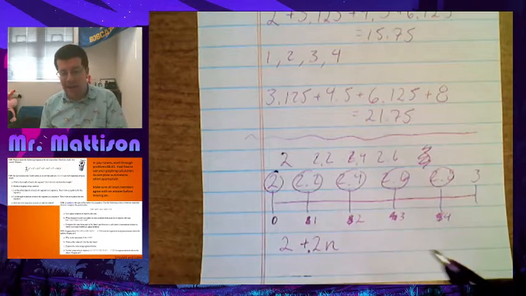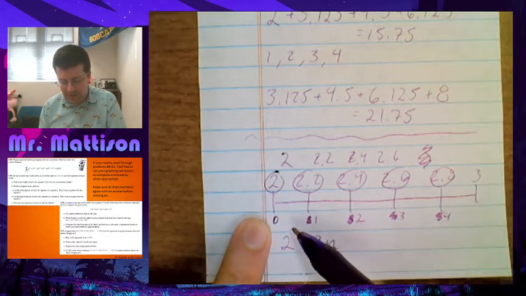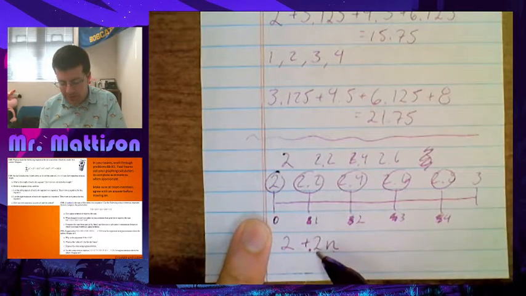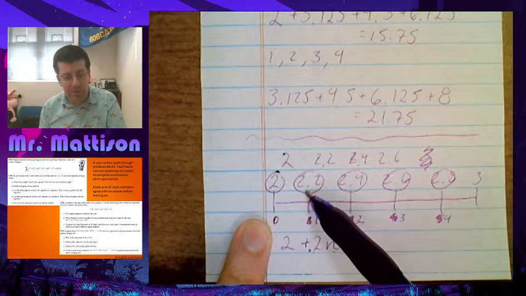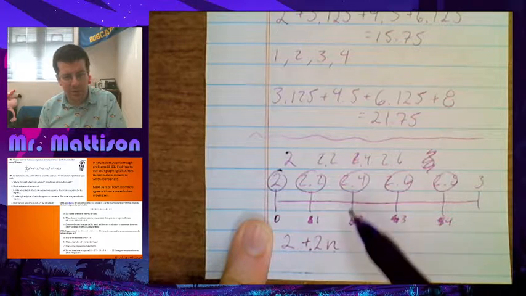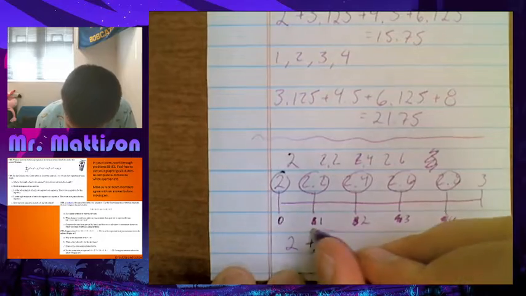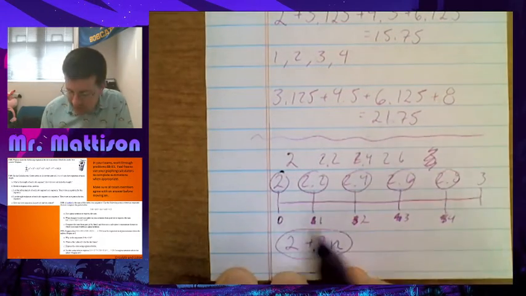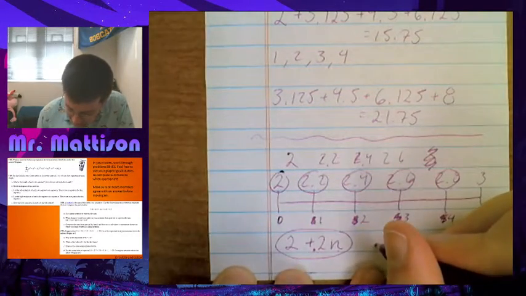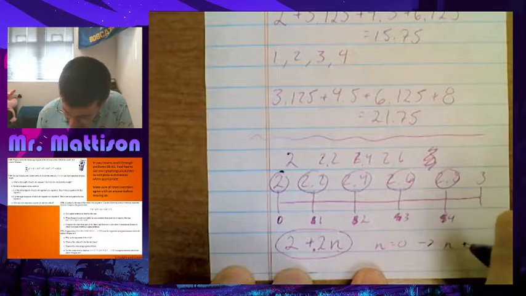So now, if I plug in n is 0, I get 2. If I plug in n is 1, I get 0.2 plus 2, 2.2. If I plug in 2, I get 0.2 times 2 is 0.4, 2 plus 0.4, 2.4, and so forth, right? So now we'll model this from n being 0 to n being 4.